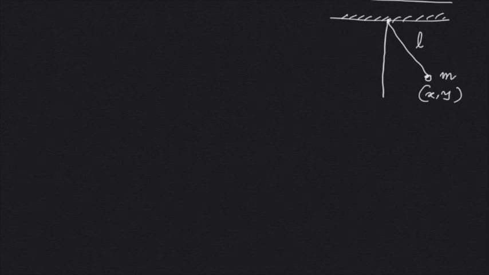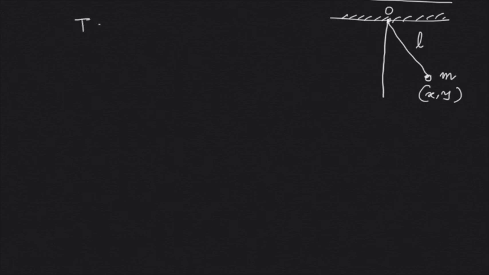So what I do is I say that it is oscillating in 2 dimensions. Why don't we consider the coordinates of this as x and y? So this is length again L, and this is a mass m, and this is my origin.